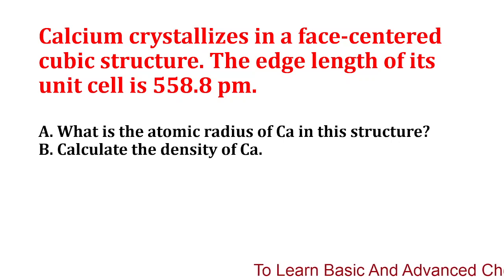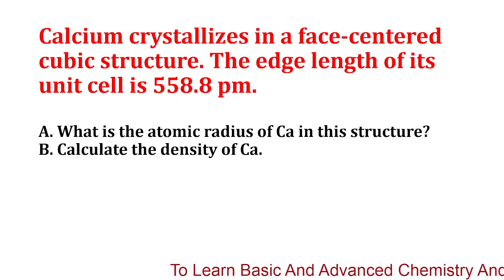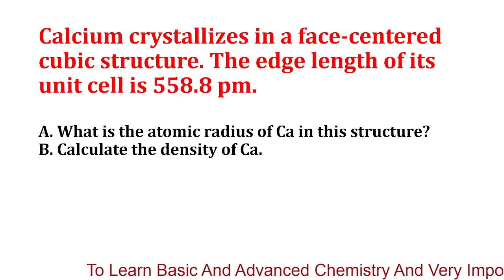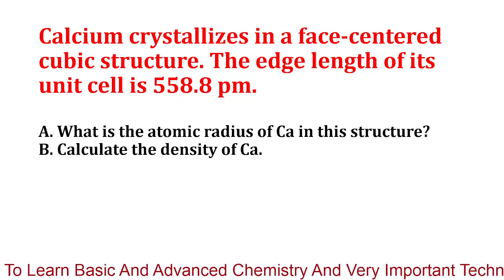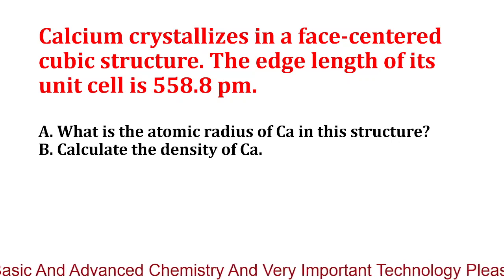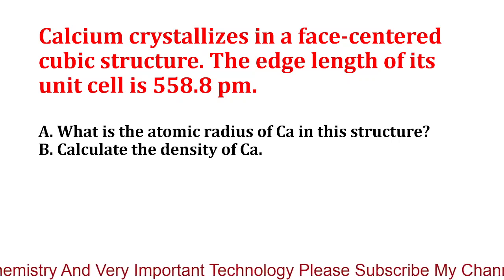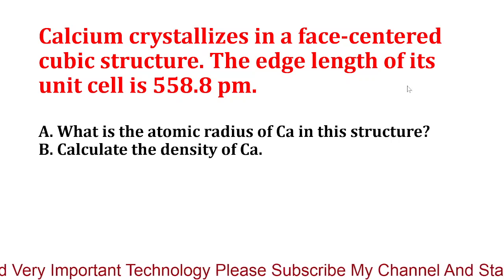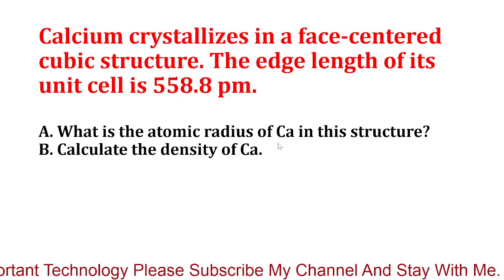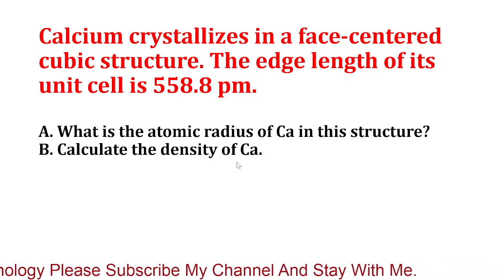You can convert into meter. Then you can multiply with 4 by 3 multiplied by pi, and then you need to cube the radius. So we can calculate the volume, and then we can calculate the mass of one calcium atom.